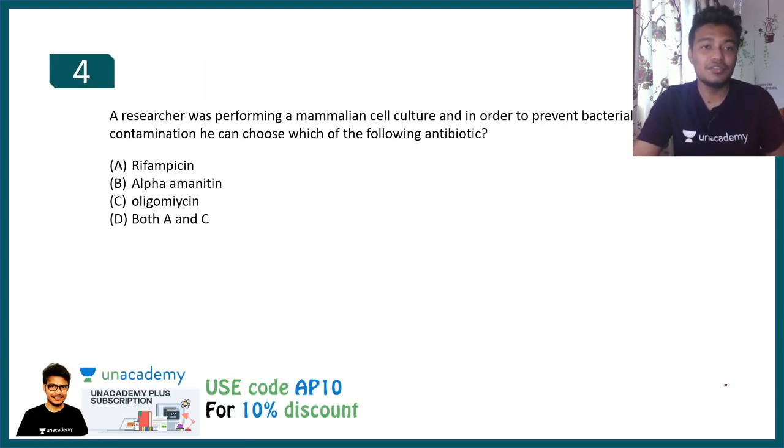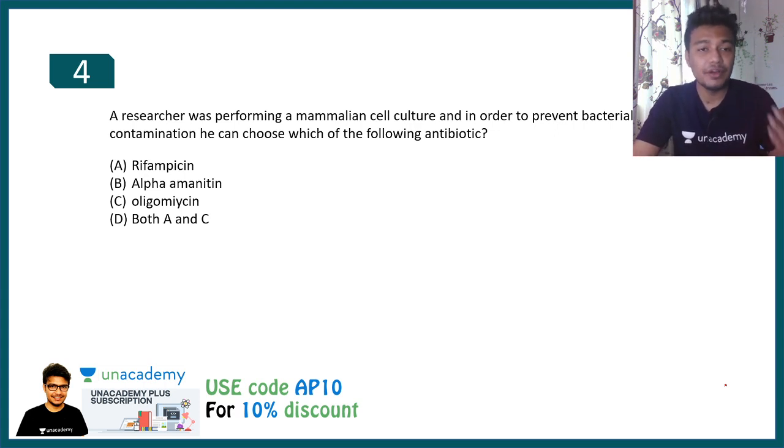Okay, coming to the next question. A researcher was performing a mammalian cell culture, and in order to prevent bacterial contamination, he can choose from which of these following antibiotics, right? Just to kill the bacteria, he needs to provide an antibiotic.